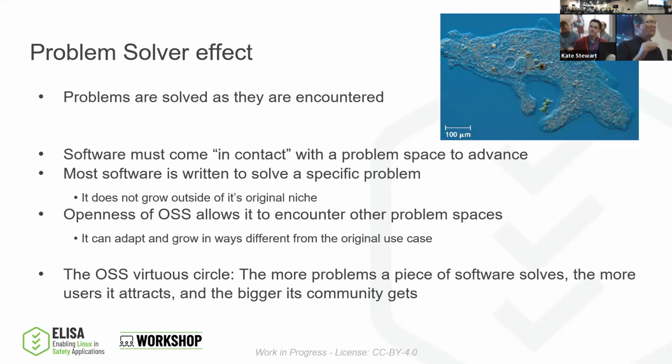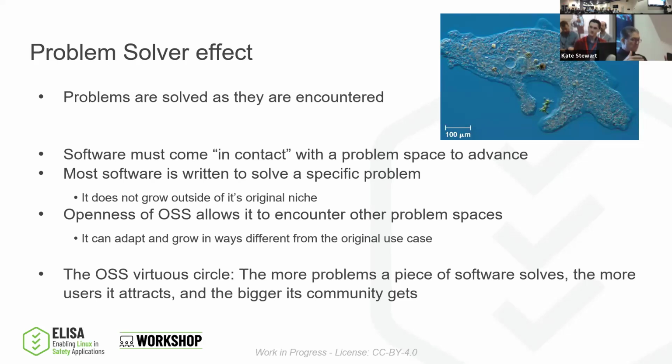But with open source, because anyone can grab that code and use it for a related task, you'll see that as the software encounters that task, now someone can say, well, this does like 80% of what I want to do. I can just extend it that remaining 10% or 20%. And then that becomes a new feature. It's like an amoeba that's growing. And this is actually a virtuous cycle, right?